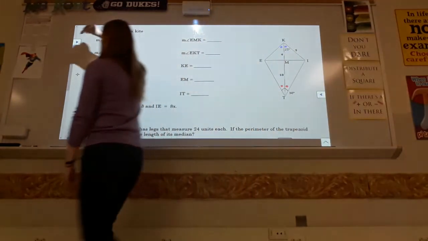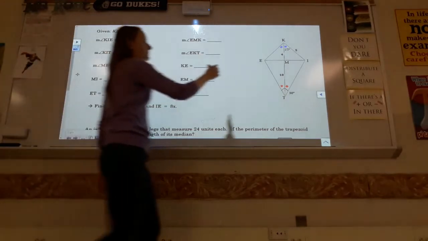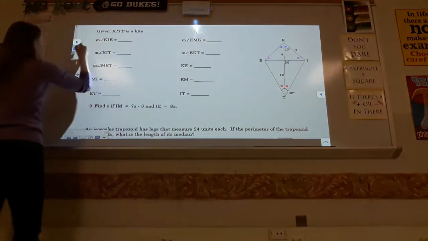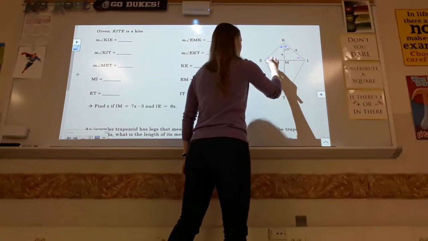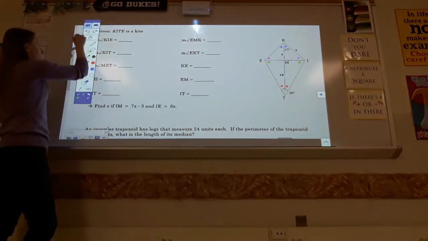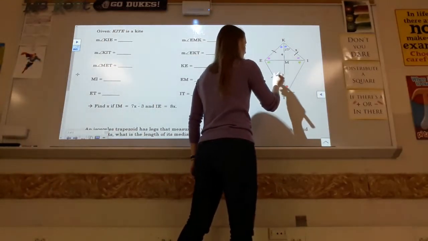It doesn't matter which colors you use as long as you have the correct relationships. Those two are equal through the isosceles, and these two are equal because of the isosceles. Those little colored dots are all equal to each other. Now that I have that, you can also add in the little side markings like this.